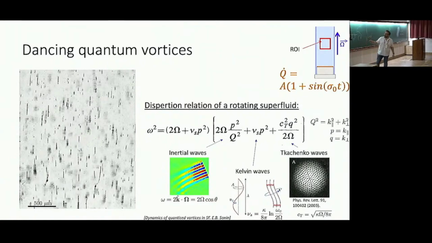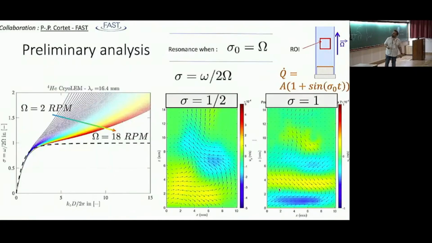You have Kelvin waves, which are the waves that you expect on a vortex which is lost in the middle of the universe. And Tkachenko waves, which are the waves that you expect on a vortex in the middle of a vortex lattice. Okay? So now our ambition is to try to analyze this seriously, varying all parameters possible, and see if we can address this dispersion relation.